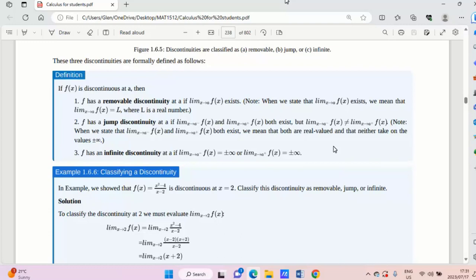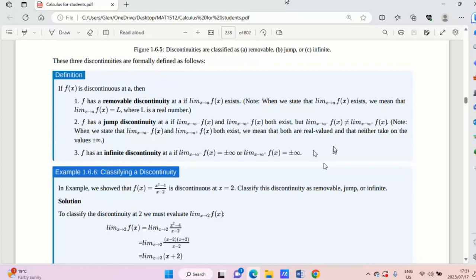So here we don't look at equality of the left and the right, as long as the limit exists and it's a real number. Is it making sense? Yes, in terms of differentiating the two.